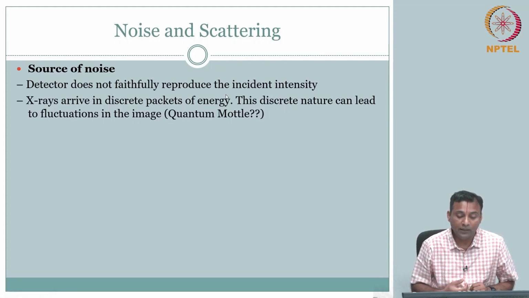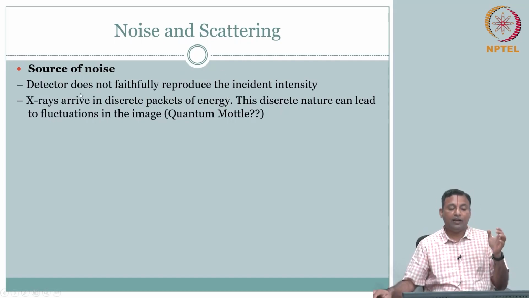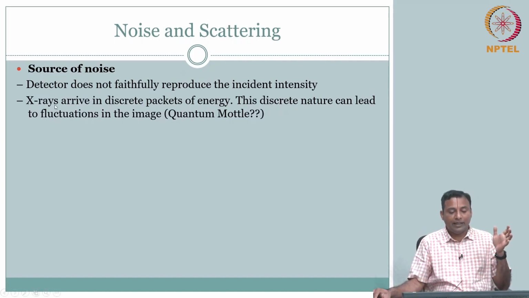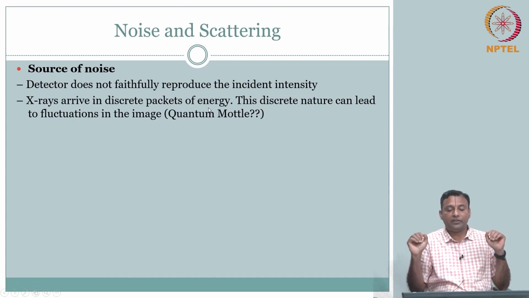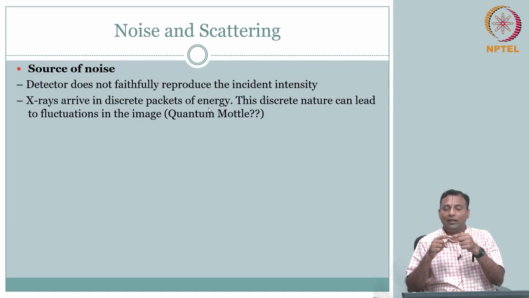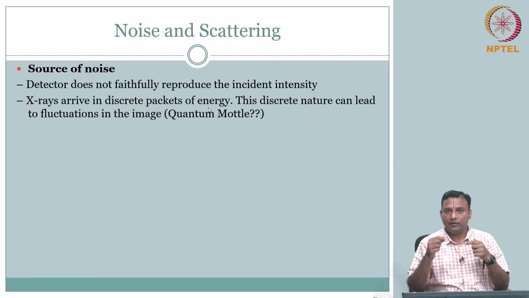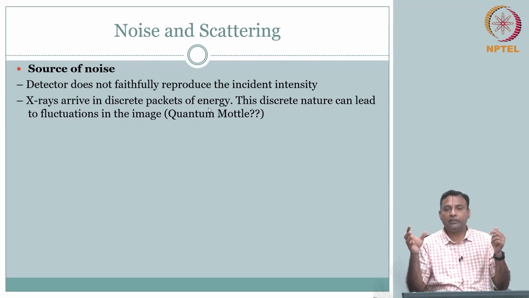So now we can say the detector does not faithfully reproduce the incident intensity. Why is that? Because you have randomness. The X-rays arrive in discrete packets of energy; it's a random event, a burst of X-rays. So I could have the same material, but adjacent locations may experience a different number n of photons, because the burst creates a population of photons and each one arrives at a different time instance.